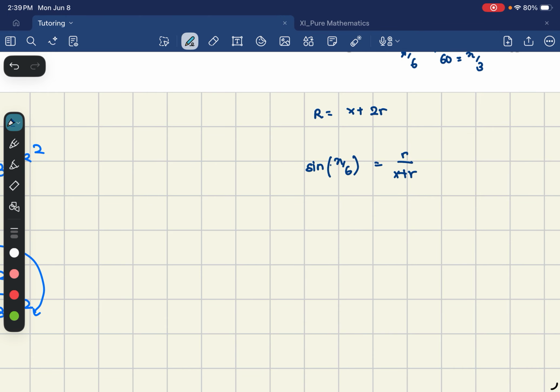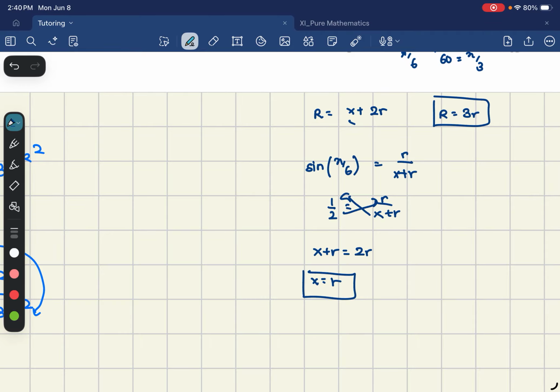Sine pi over 6 is just half, right? Sine 30 degrees is half. So I get this expression. x plus r is going to be 2r, and x is just r. If you solve this, cross multiply, you get this equation, and then you get x is equal to r, 1r. And if you substitute x here, you get R is equal to 3 small r. So that is it. That is how you do question 14.